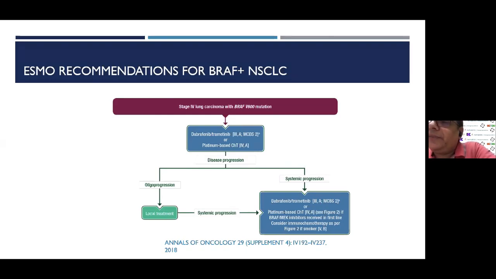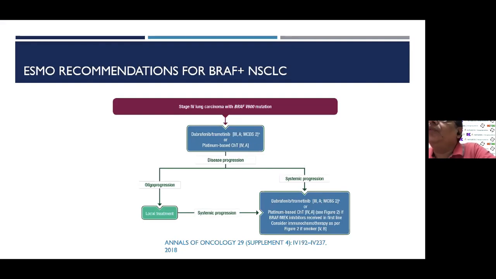If you are on BRAF inhibitor therapy and there is a progression in the form of a single new lesion somewhere, that can be taken care of by local treatment, and that is radiotherapy. And the BRAF inhibitors should not be stopped, they should be continued.